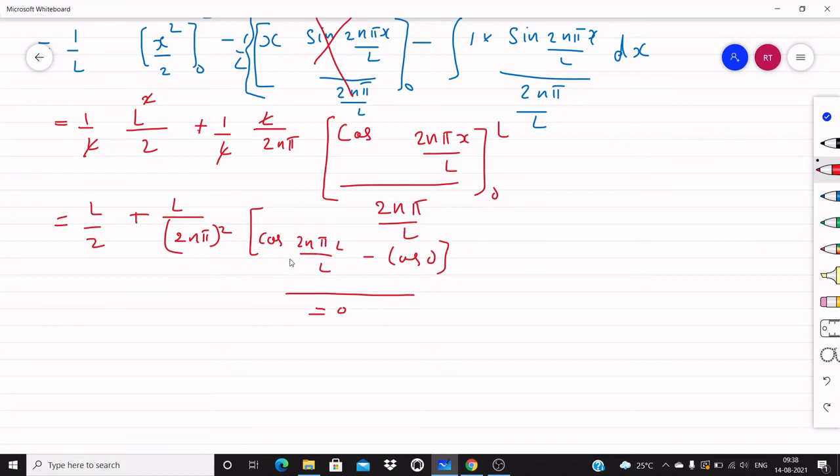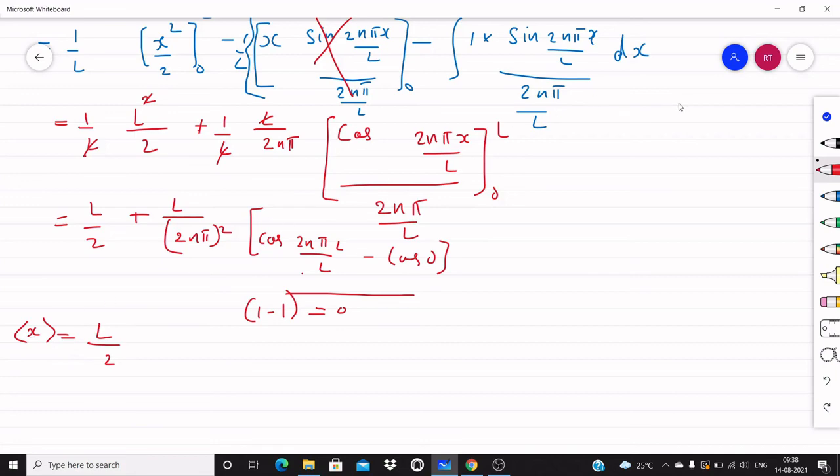So cos 0 and cos 360 are equal. So cos 2 pi means it is the multiples of cos 360. So both are equal. So this is just like 1 minus 1 is equal to 0. So this is equal to L by 2 itself. So expectation of x is L by 2.